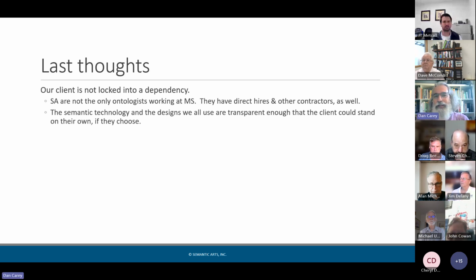And the semantic technology itself inherently avoids any particular lock-in. And the designs that we collectively have come up with and that we are promoting are all transparent enough, all understandable enough, such that if Morgan Stanley were to say, thanks Semantic Arts, we'll take it from here, they could stand on their own and do so successfully.